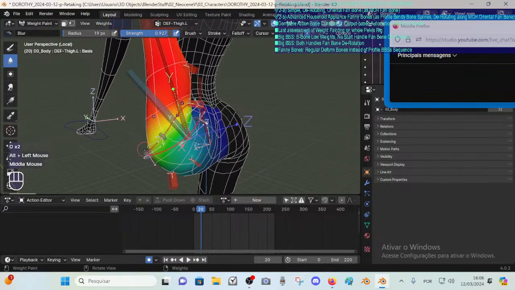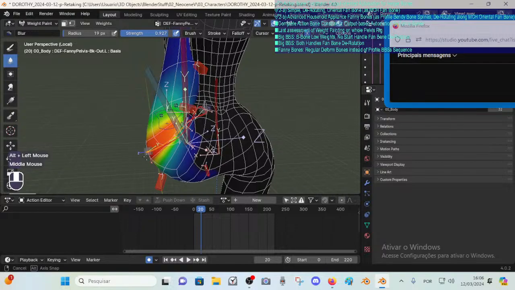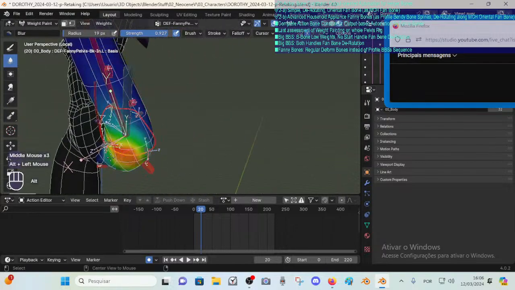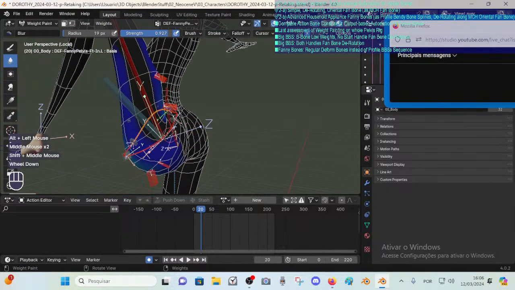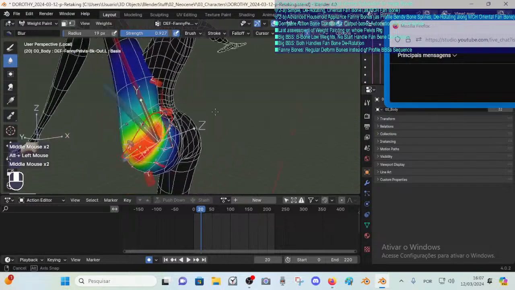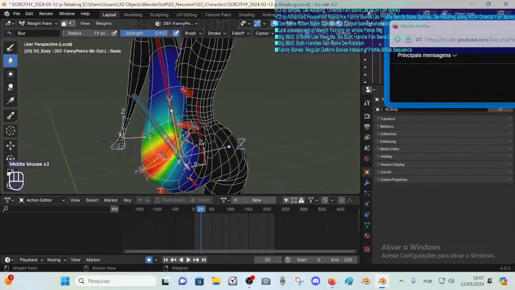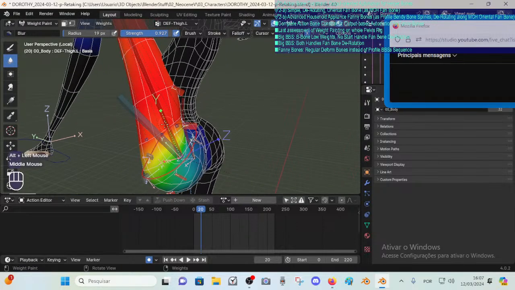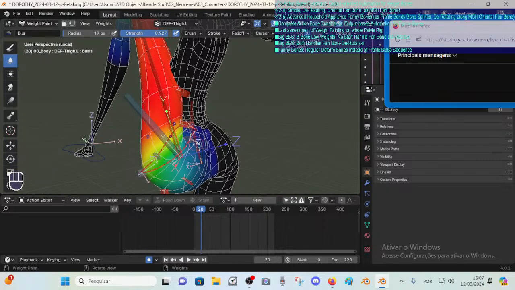So here's the thigh. It could have more weights actually, and you see heavy weights here. I want to improve this. Actually, a good time to try this, but that would mean I'll have to undo some work, or maybe not, because this is all red weights. Yeah, the problem is these ones.